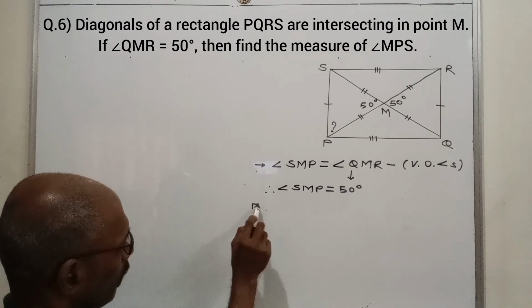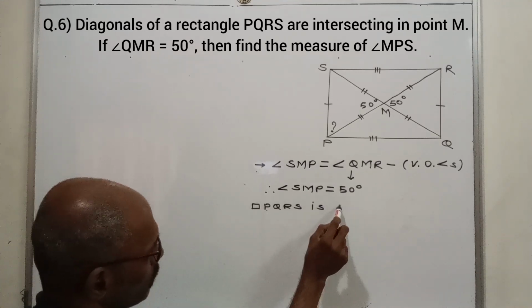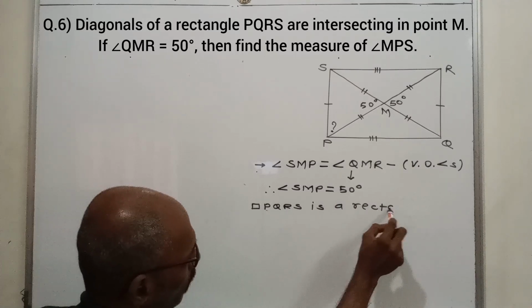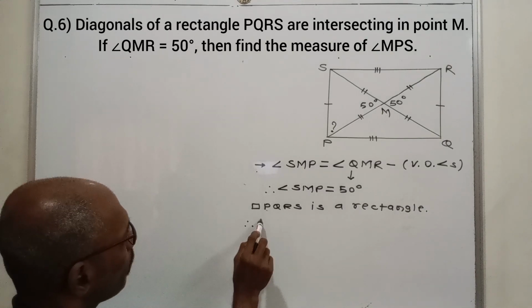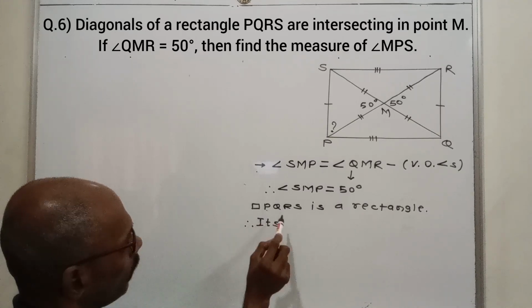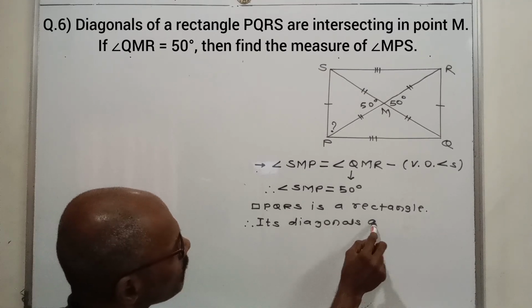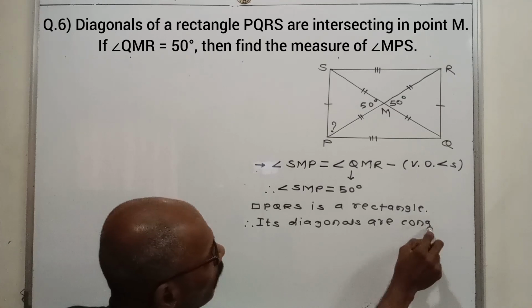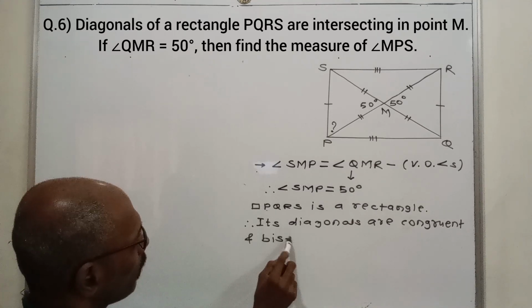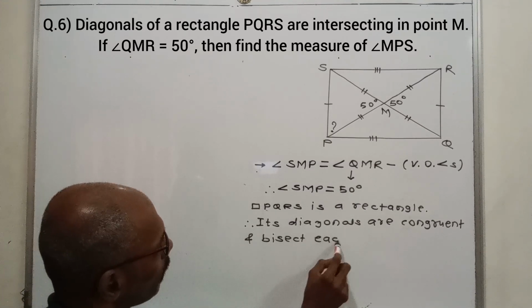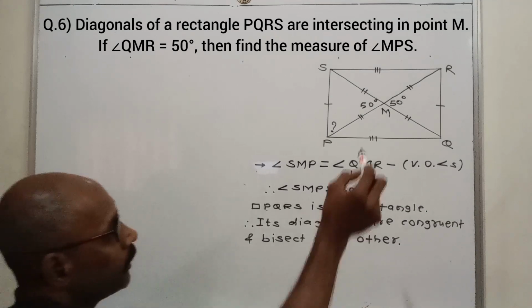Now, quadrilateral PQRS is a rectangle. Therefore, its diagonals are congruent and bisect each other. They are congruent.